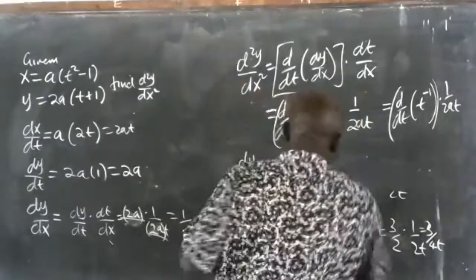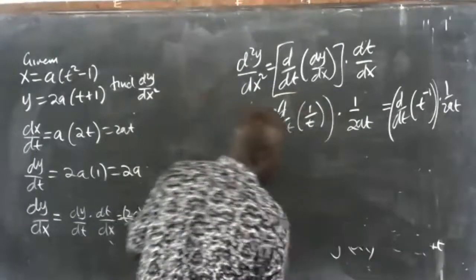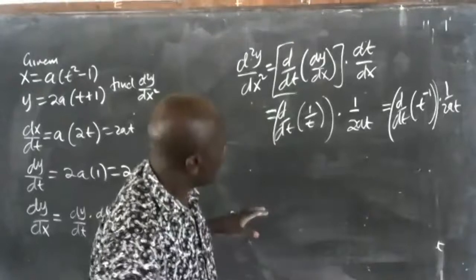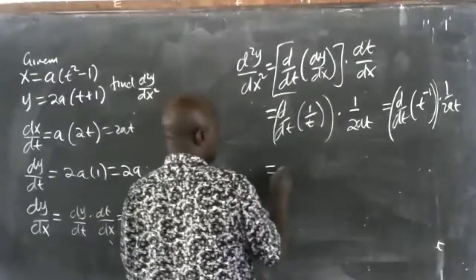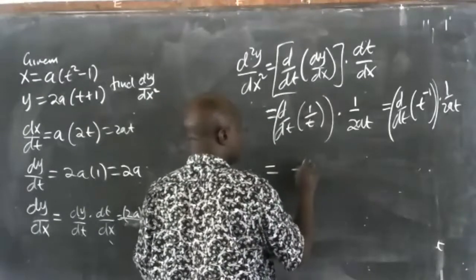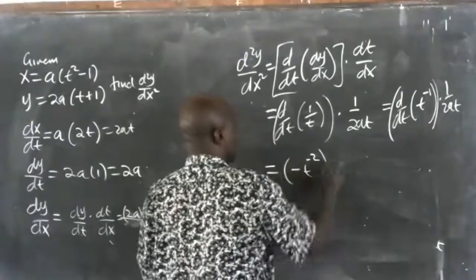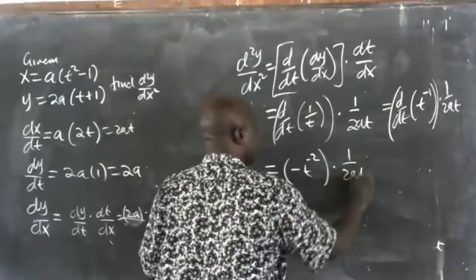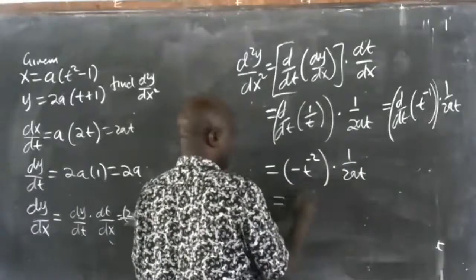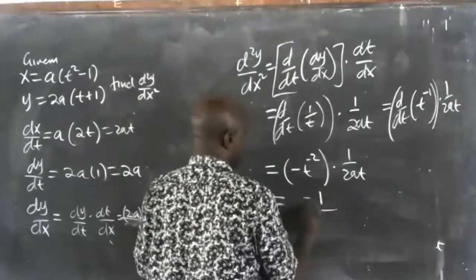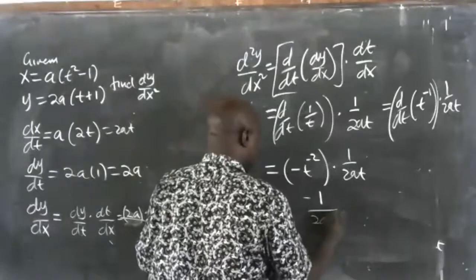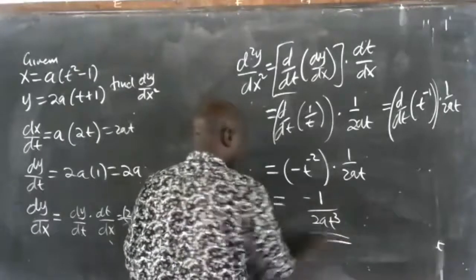So we shall have negative t to the power negative 2 times 1 over 2a, and this will be negative 1 over 2a t cubed as our answer.